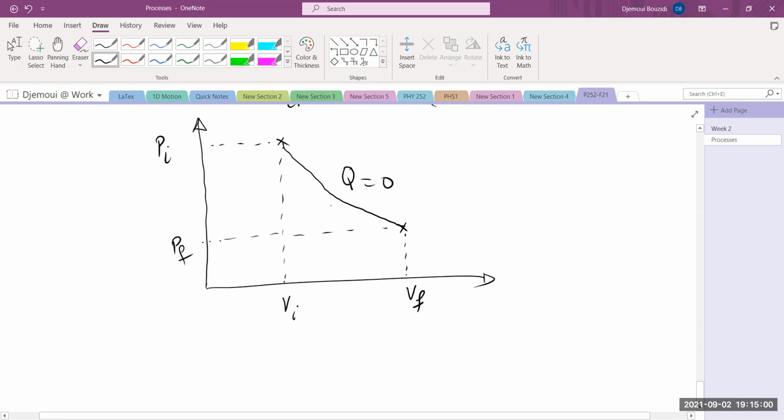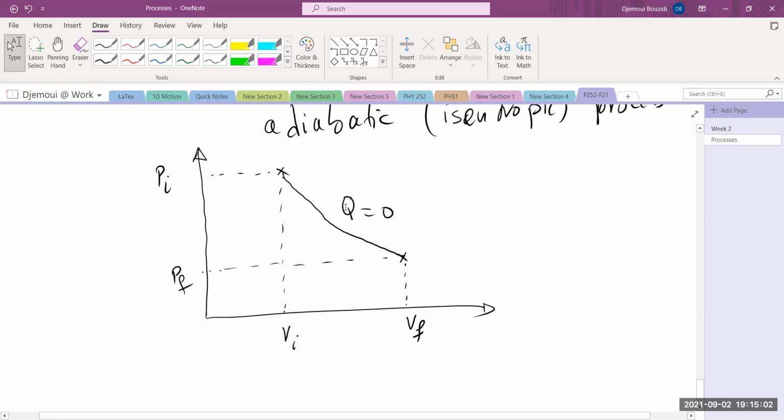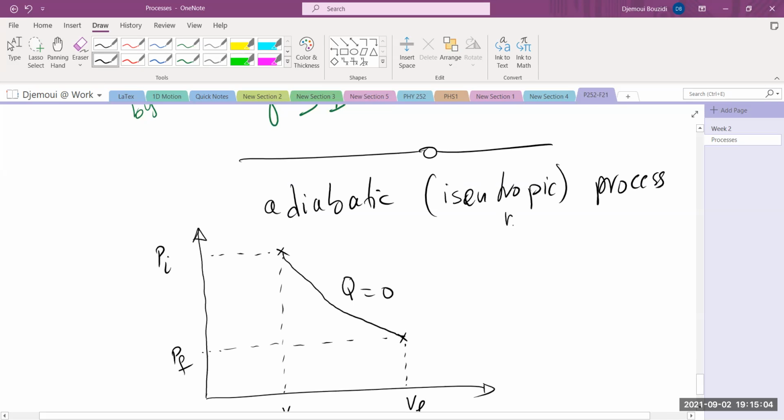That is what the adiabatic process is by definition. No heat exchange. So we answered one of the questions right there, namely the heat. Q is equal to 0.